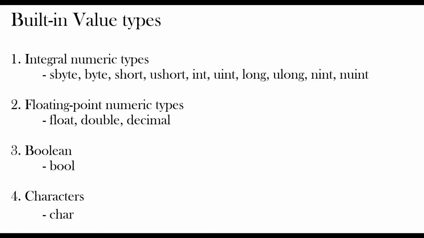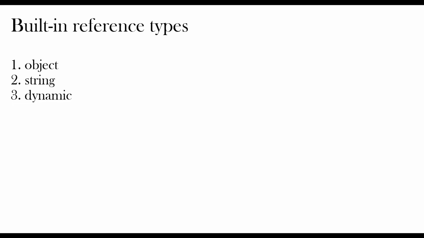For integral numeric types, we can use sbyte, byte, short, ushort, int, uint, long, ulong, nint, and nuint. For floating point numeric types, we can use float, decimal, and double. Boolean, we have a bool data type, and for character data, we have the char data type. Object, string, and dynamic are the built-in reference type.